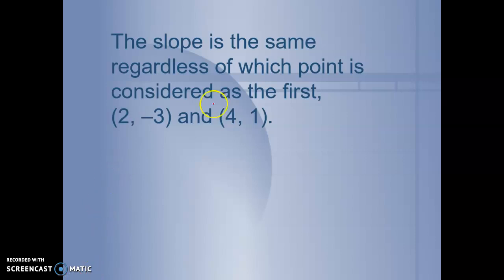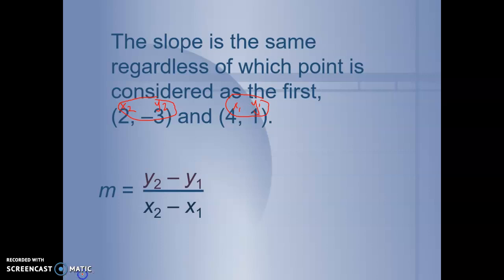The slope is the same regardless of which point is considered as the first. So I could have said this was my x1 and y1, and this was my x2 and y2, or the other way around. It doesn't matter as long as your x2 and y2 are the same coordinates or in the same parentheses, and your x1 and y1 are in the same parentheses.